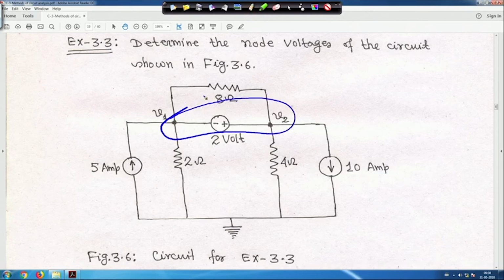So, the 8 ohm resistor is not making any difference to the voltages V 1 and V 2 whatsoever. That means it has no effect on the super node, so that is why it is not making any impact. Anyway, this is one example of the super node.